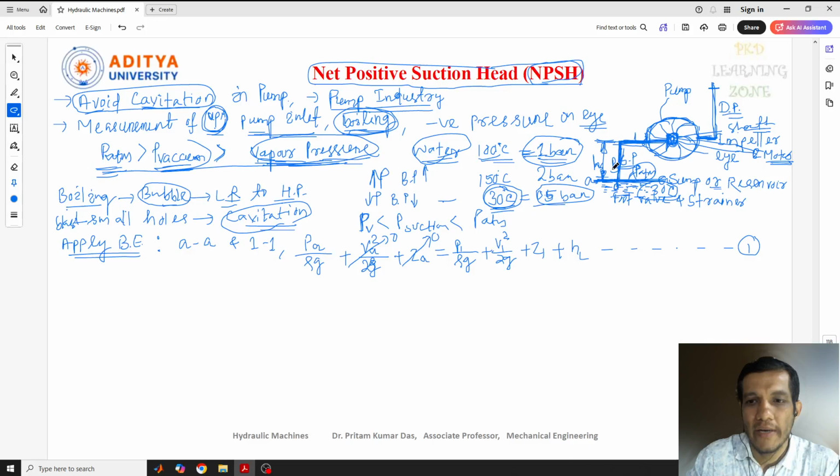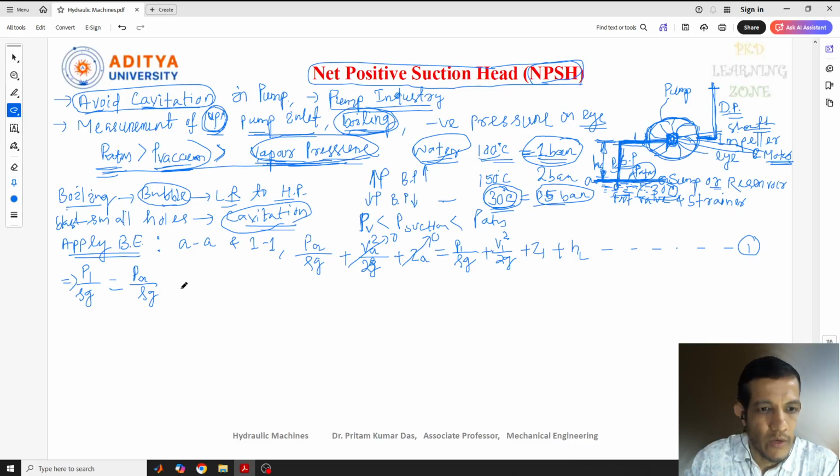But we have some pressure at the atmospheric level, so we keep the atmospheric value. This equation I will again write in terms of P1 by rho g. I will take P1 to one side, and on the other side I can write PA by rho g and V1 square by 2g.